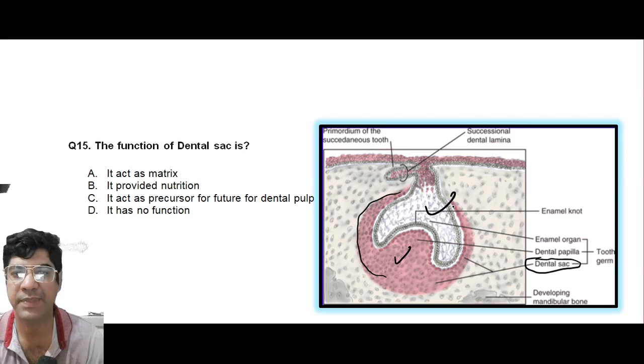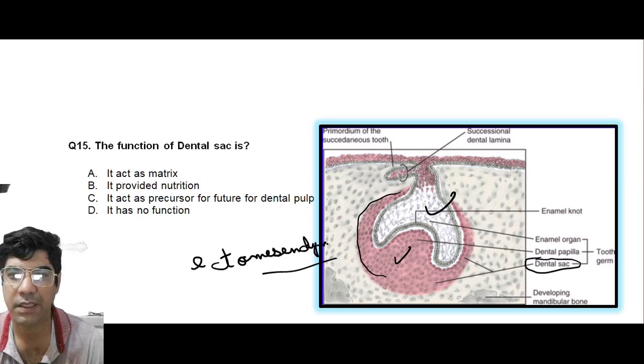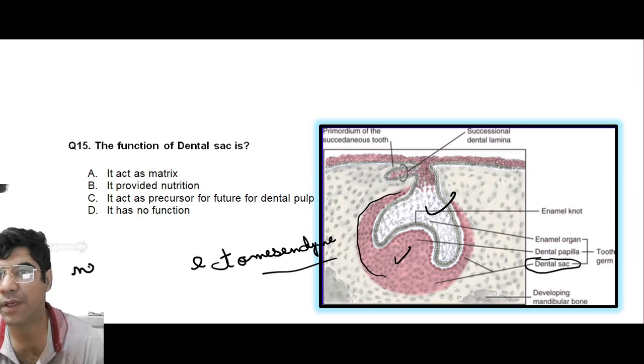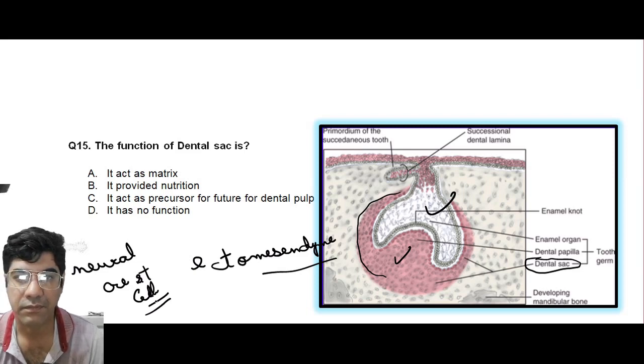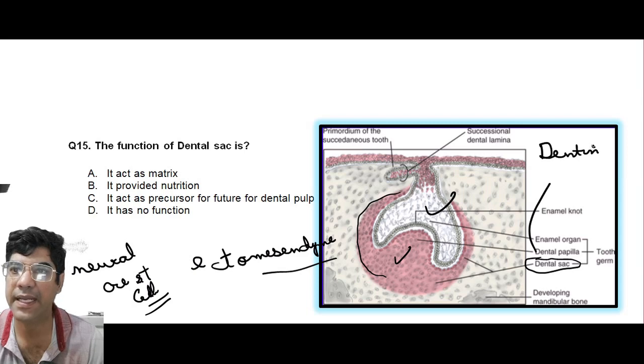The dental papilla is basically a condensed mass of mesenchymal tissue located within the tooth germ. It is derived from ectomesenchyme that originates from neural crest cells. Remember, the dental papilla is responsible for giving dentin and pulp.